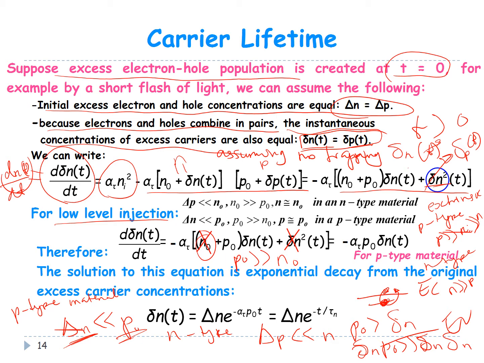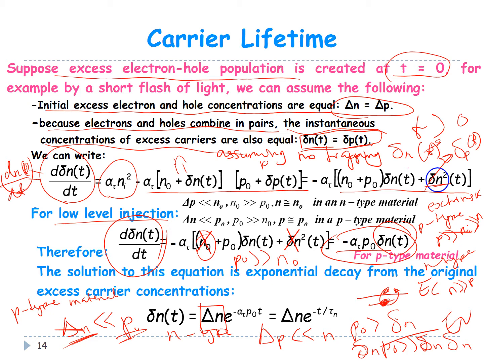If we do that, we get a much simplified equation. Now in this equation, we are taking a differential and we get the same function plus a constant. So in this case, the solution is exponential, and it's an exponential decay from the initial excess electron concentration.